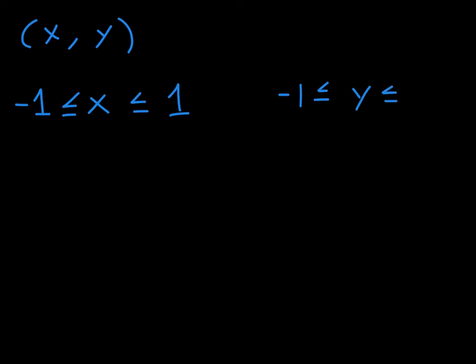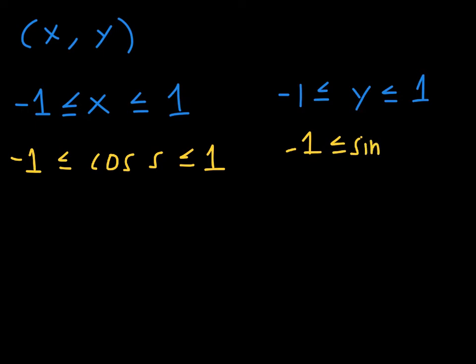All right, very good. Now that must mean, if you substitute, that cosine of s must be between -1 and 1, and sine of s must be between -1 and 1, right? Because x is what cosine of s is, and y is what sine of s is.